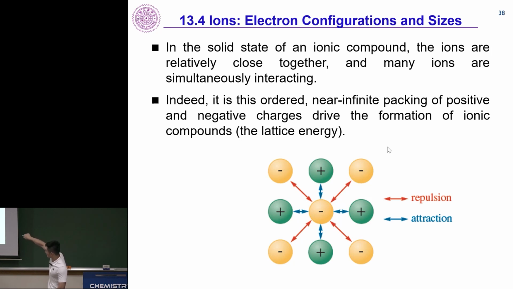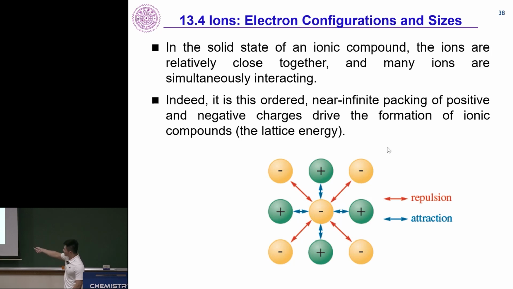So you can imagine there will be a negative here. So you can grow the lattice larger and larger and larger. And what you'll see is you have pairs of repulsion and attractions. So the negative charge will be attracted to the positive charges, right? Oxide and calcium, they are attracted. On the other hand, the oxide also gets repelled by the surrounding oxides.